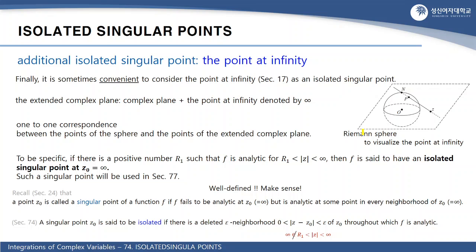At the time we looked at it by visualizing with the Riemann sphere with this figure. There is a one-to-one correspondence between the points on the sphere and the points on the complex plane. We say the extended complex plane, which consists of the normal complex plane and the point at infinity, we denote this point at infinity by this notation.